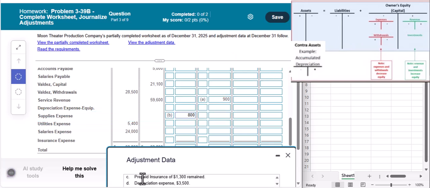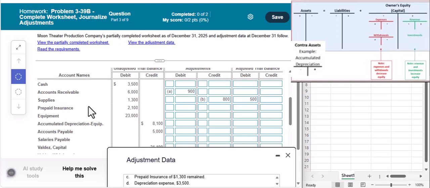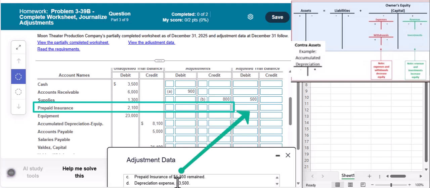C. So prepaid insurance of $1,300 remained. In other words, that 1,300 is how much we should have on our account balances. But let's take a look and see what it was previously. So prepaid insurance for 2,100 debit. So we're going to need to lower it, it appears, because we have 1,300 remaining.